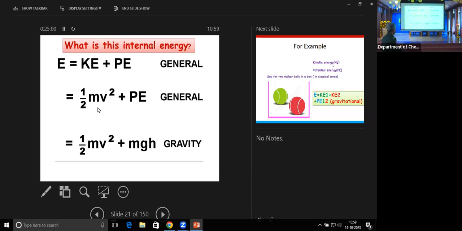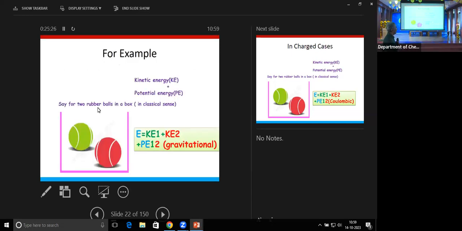Yes. And in general, kinetic energy is always half mv square, so we have no problem with it. It's the potential energy which changes its form. So you will have a general PE, which is called potential energy, or if it is gravity, it is mgh or whatever it is. Right now, let us look at an example.